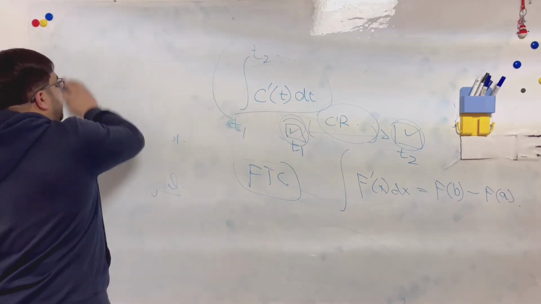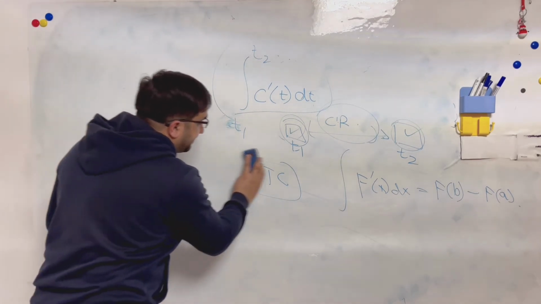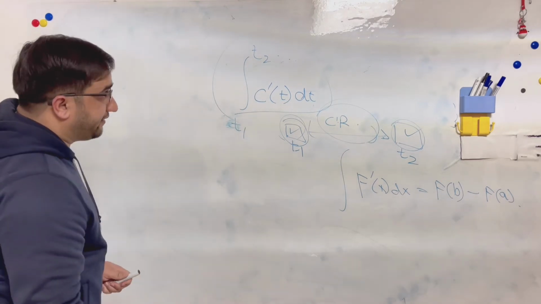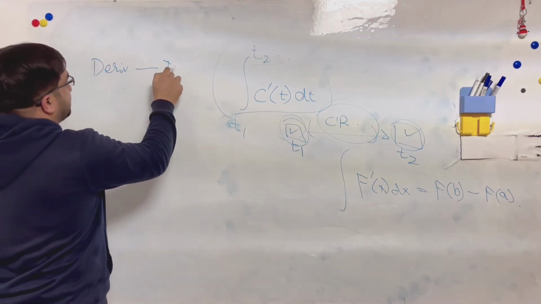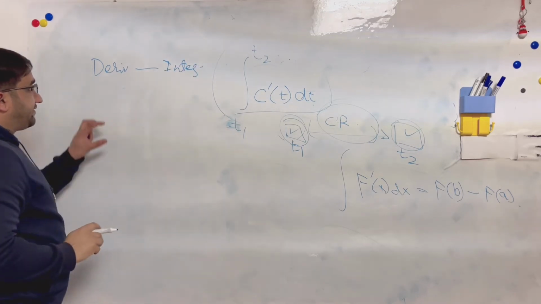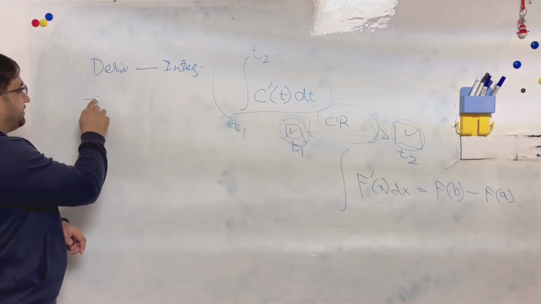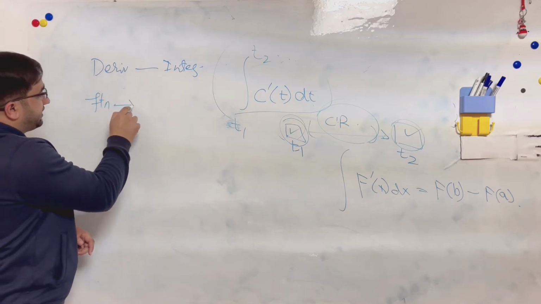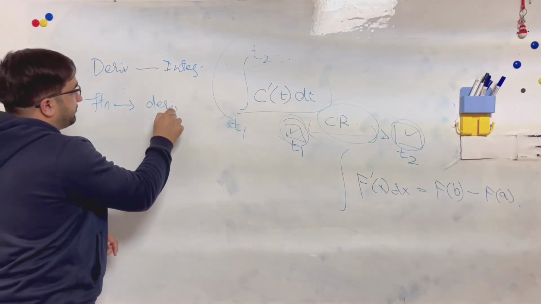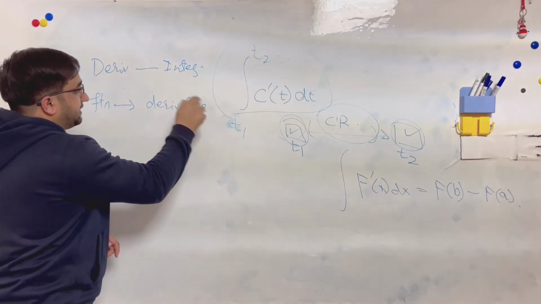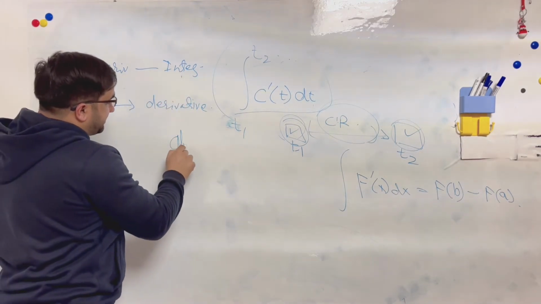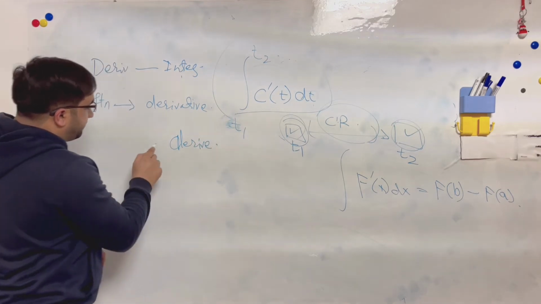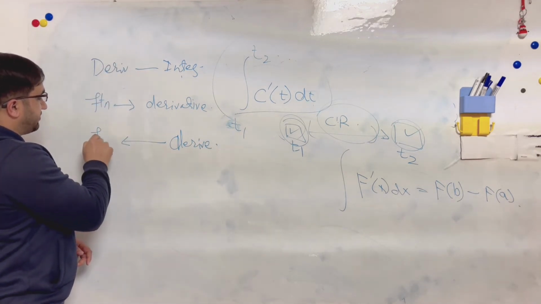So a very simple summary of the inverse process of derivative and integral is that to find the derivative, you are always given a function and you apply the derivative to find the derivative. In case of integral, you are always given a derivative and you apply the integral to find the original function.